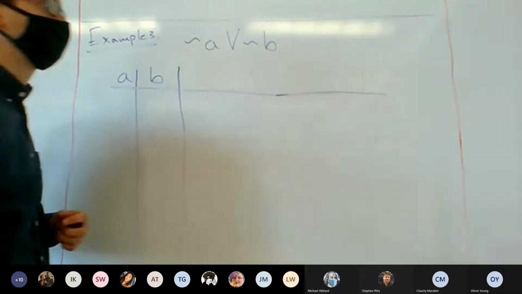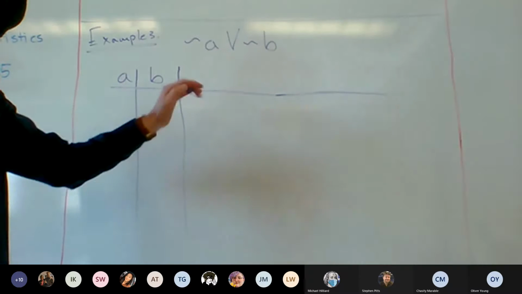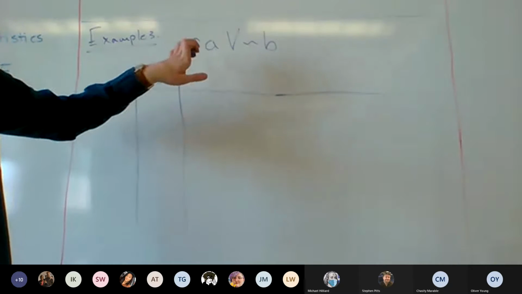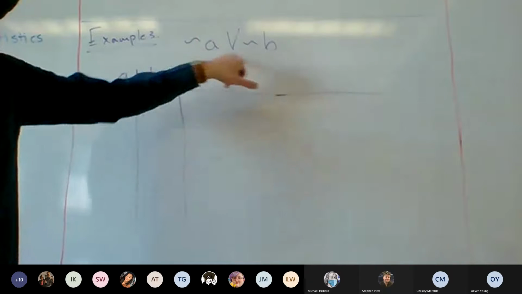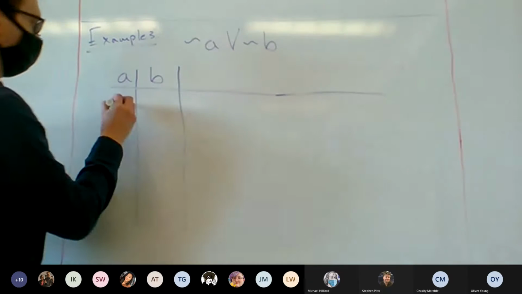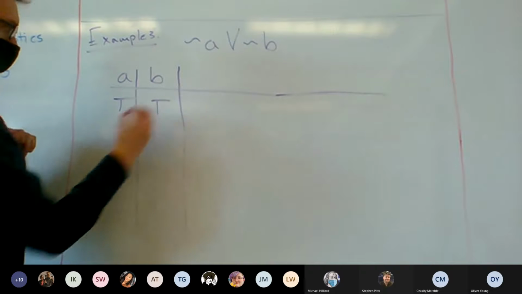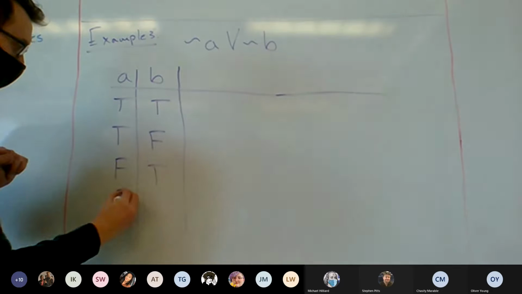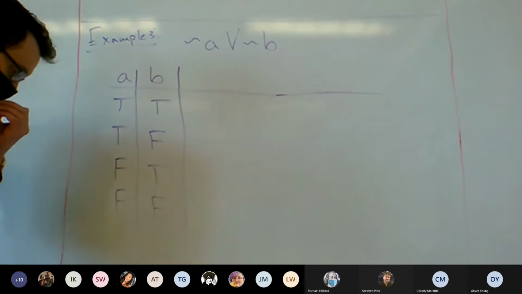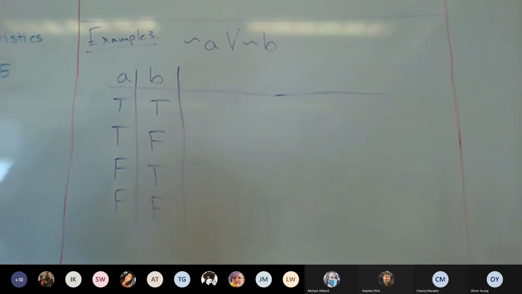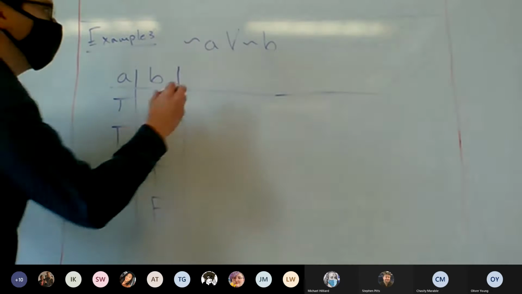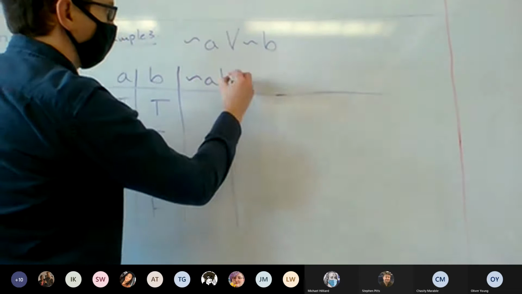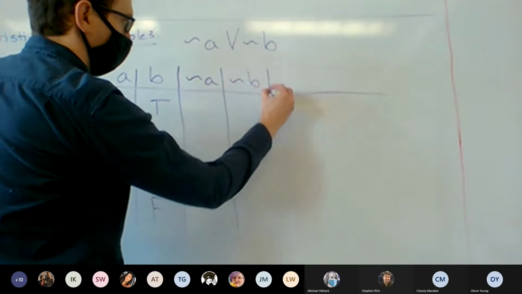Okay, so this time the negations are explicitly attached directly to an actual variable. So we're actually going to need 2 extra columns here for the negation of each. Oh, let me write my original truth values before I get too ahead of myself. Okay, so I'm going to have the negation of A here and the negation of B here.